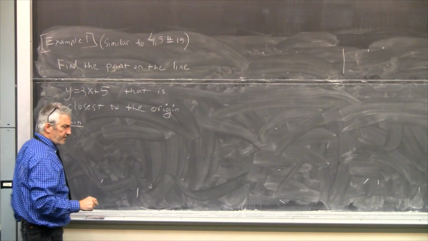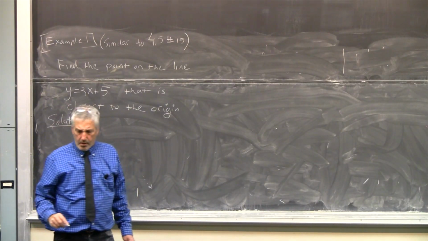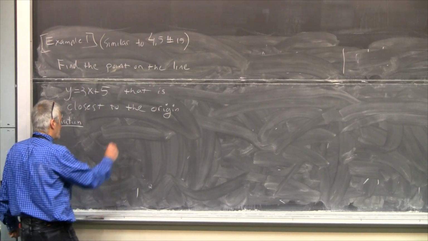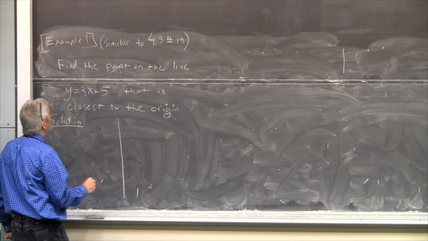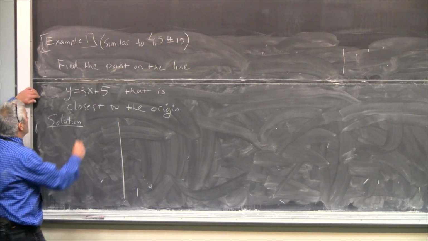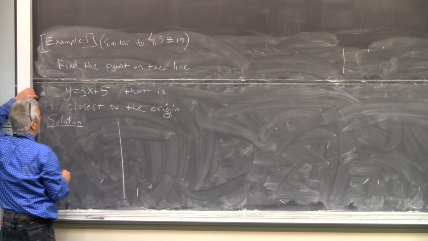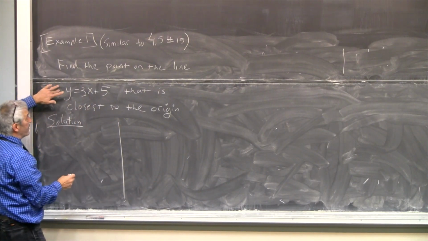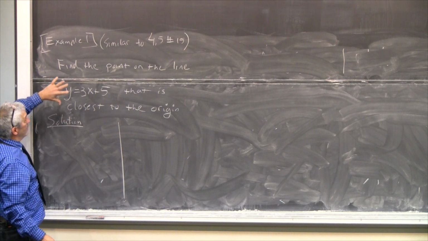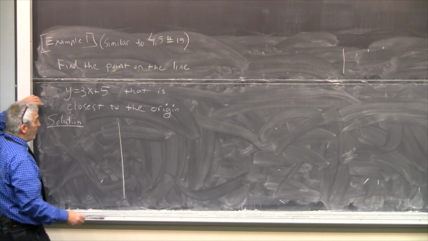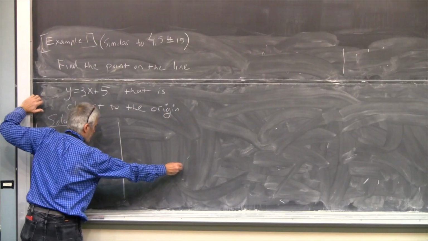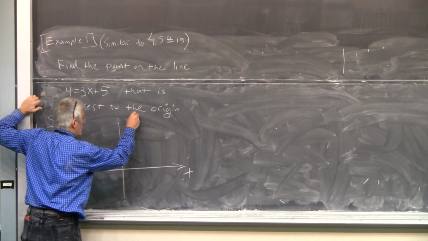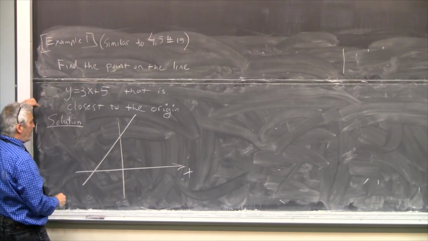Well, just as in the related rates problems, you want to start by making a diagram. So notice, except for the equation for the line, there's no equation given pertaining to how you solve this problem. But it will help to draw our line.